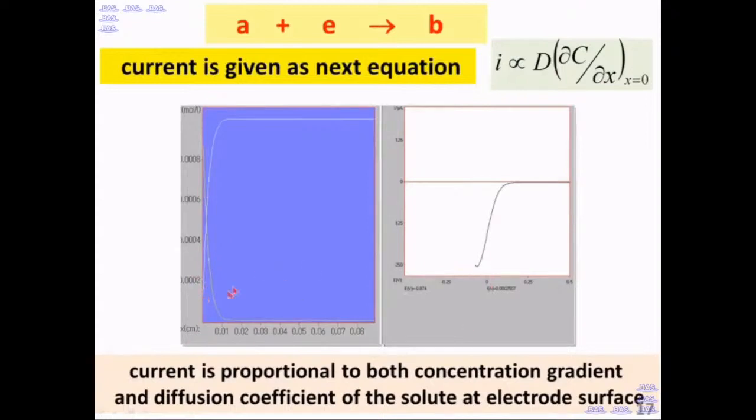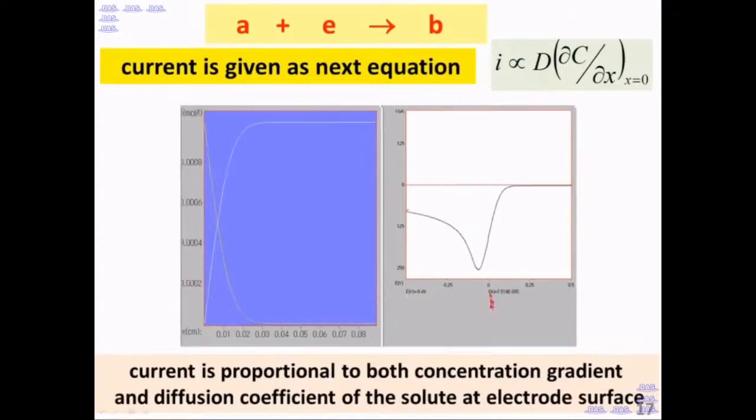The surface concentration gradient is still increasing. Now the concentration gradient at the electrode boundary gradually decreases, and the profile line extends in this direction.